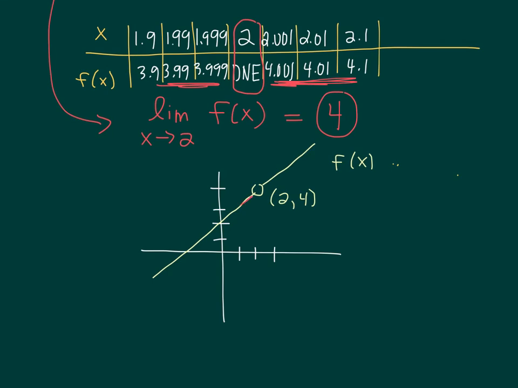So as we get closer and closer, we know that the y value is 4, but notice how it's not defined. Okay, so we mentioned that f of 2 does not exist. So more on holes later on, but in this situation, what's happening here at x equals 2 is that we have a hole. It's not defined, so that's what's going on.